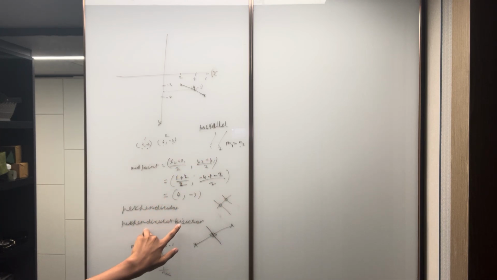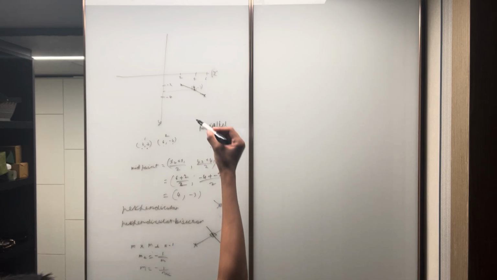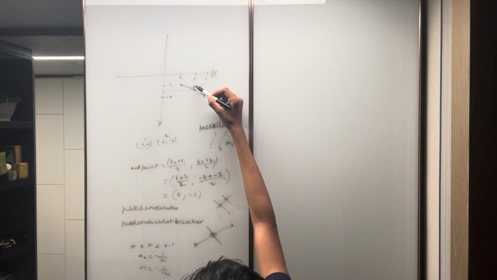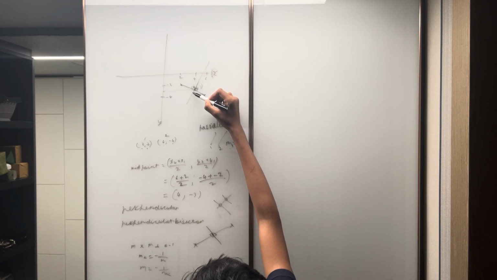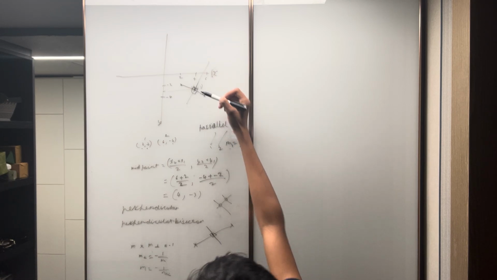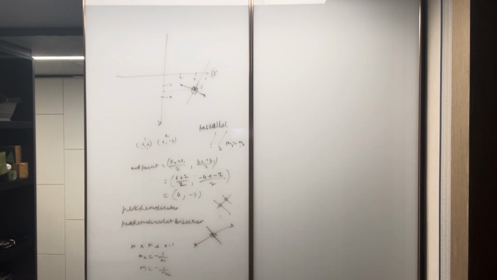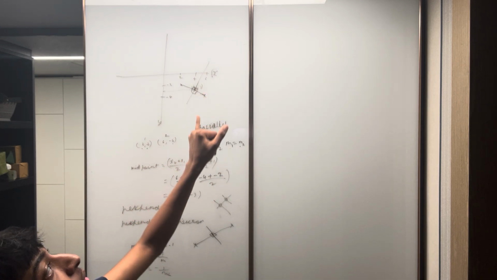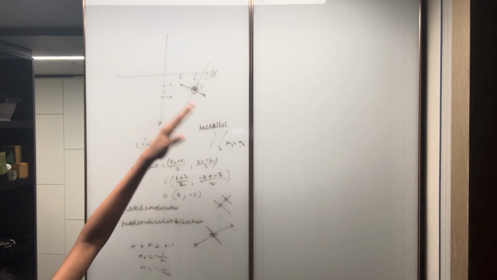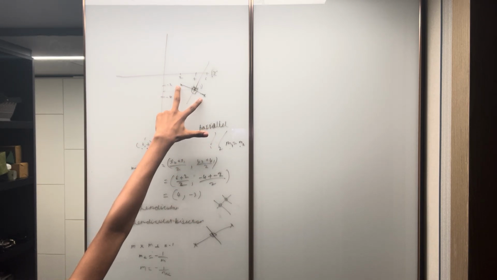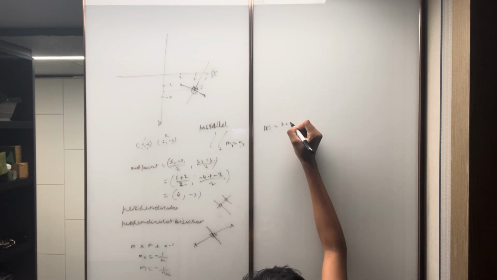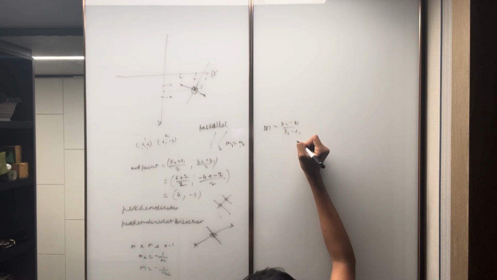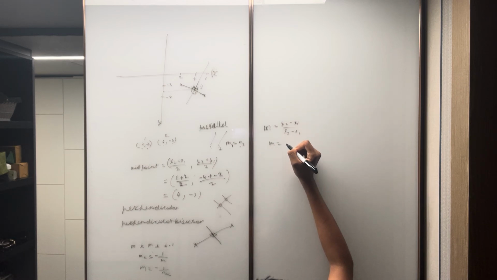Now, let's get back to the perpendicular bisector. Here, we found the midpoint as 4, -3. Now, we draw a perpendicular bisector. We don't know where this perpendicular bisector is cutting, so we find the gradient of these 2 points. M equals y2 minus y1 upon x2 minus x1.